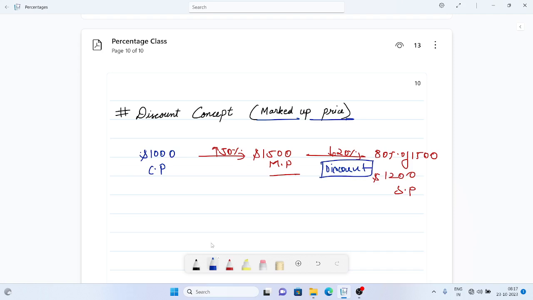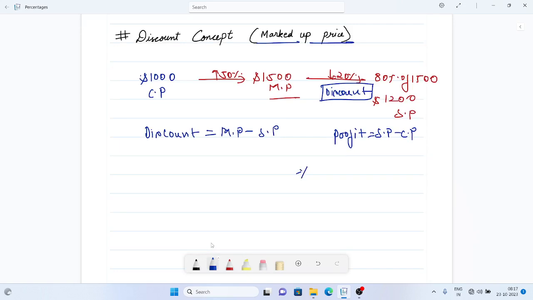So what is the discount? Discount is nothing but mark price minus selling price, and profit is similarly SP minus CP. So you know the formula of percentage profit. It is selling price minus cost price upon cost price into 100. So it does not depend on the mark price, right?